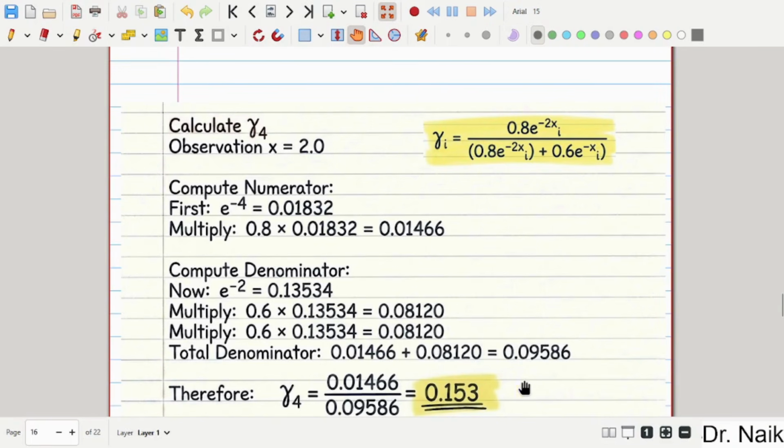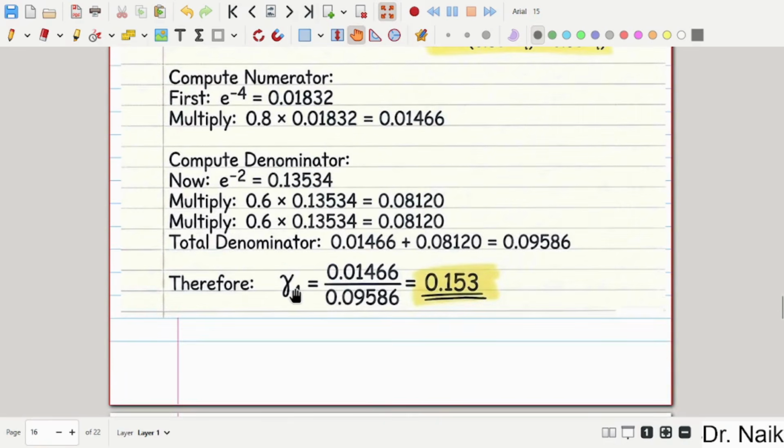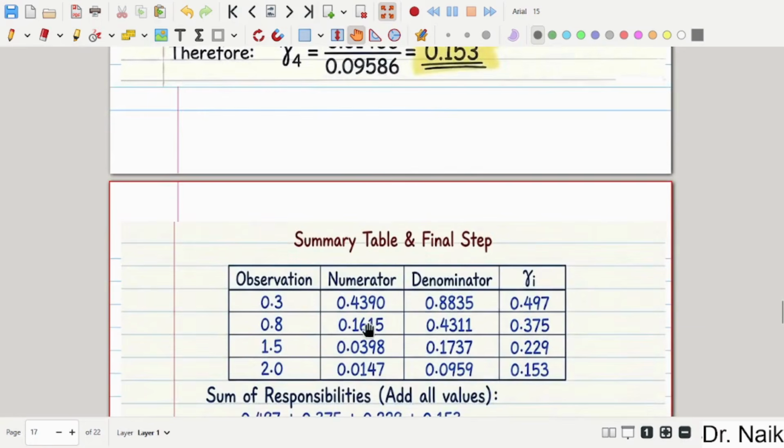So our total denominator is 0.09586. Gamma 4 is equal to 0.01466 divided by 0.09586. So the answer is 0.153.